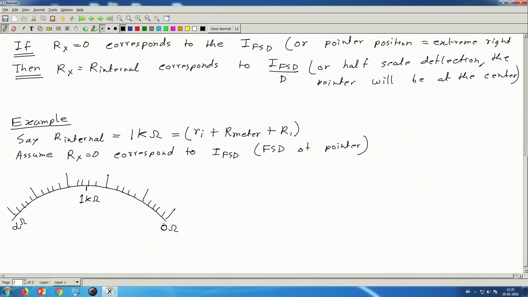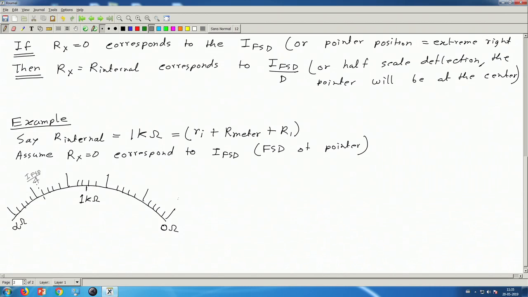Okay. Now, consider this position here, which is 3/4 from the right, or you can say 1/4 from the left. So, you write it as IFSD divided by 4.